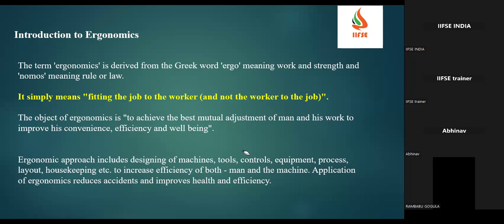How will it increase the efficiency of the man or machine? Because the machine is designed as per the requirement of the man, he will not tamper with or irritate the machine. He will not do any malpractice with the machine, or any circus with the machine.